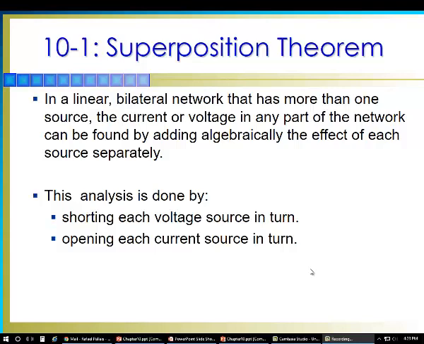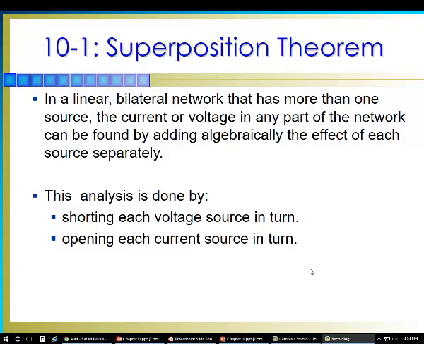And so in a linear bilateral network that has more than one source, the current or voltage in any part of the network can be found by adding algebraically the effect of each source separately.